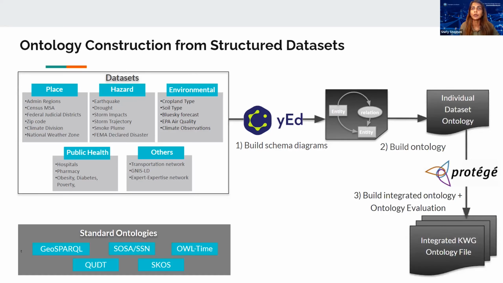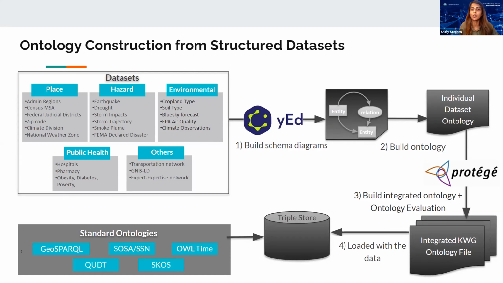In the next step, we translate the individual schema diagrams into ontology files in RDF format. Finally, we integrate all the individual RDF files to generate the integrated KWG ontology and verify its validity using reasoners within Protégé to make sure that the ontology is free of any inconsistencies.